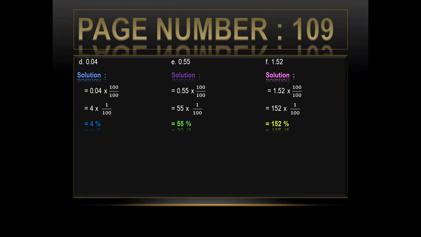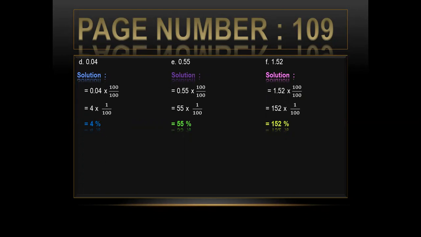0.55. 0.55 multiplied by 100 over 100. When you multiply 0.55 by 100, it becomes 55. 55 over 100 is 55%.